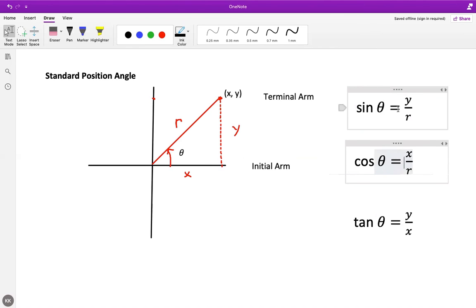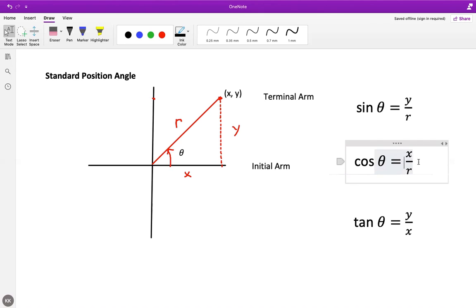Originally we have opposite divided by hypotenuse, but this time we replace the opposite by y and the hypotenuse by the radius. So sine theta equals y divided by r.